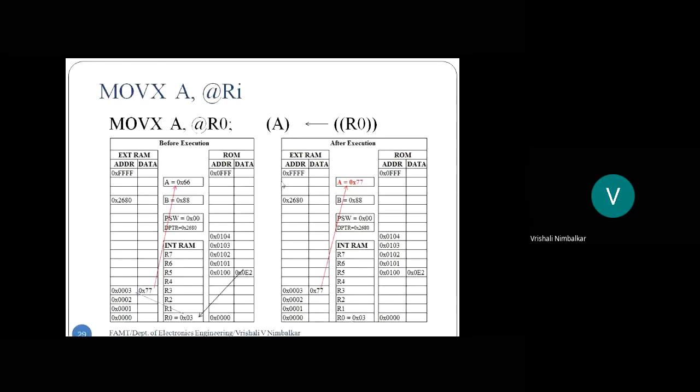Correct? Now see here, students, I told you R0 is an 8-bit register, meaning it can hold only an 8-bit address, but the external RAM has a 16-bit address. Then how does this work? See here, students, I can use these instructions only for the first 256 RAM memory locations. Why? Because the first addresses will be 0000, 0001, 0002, right?